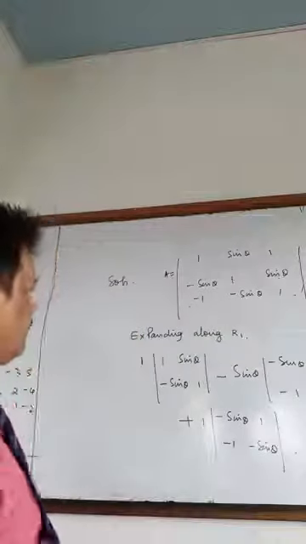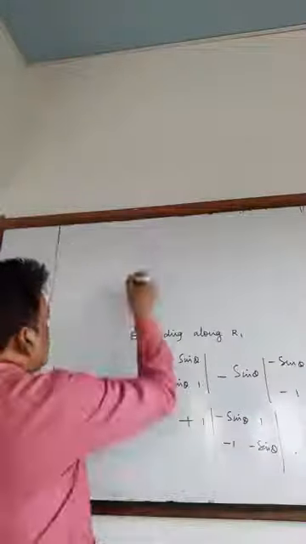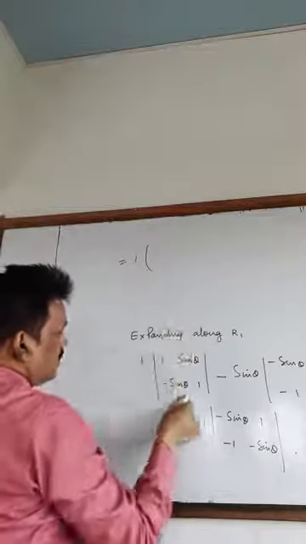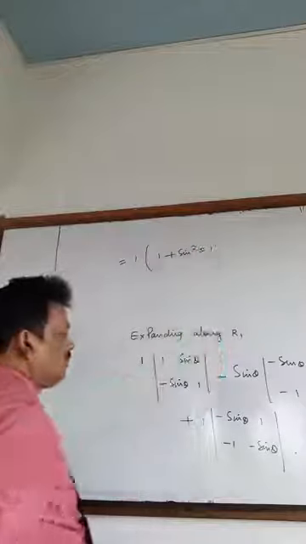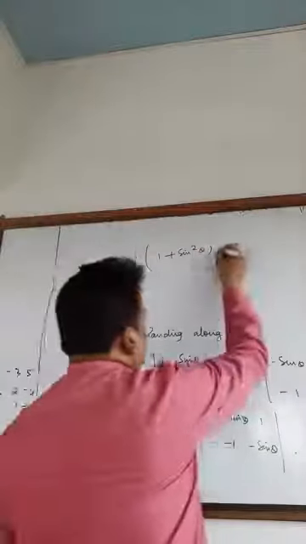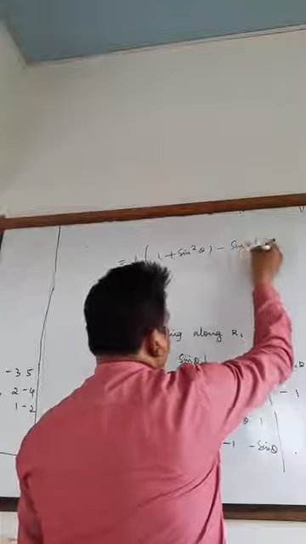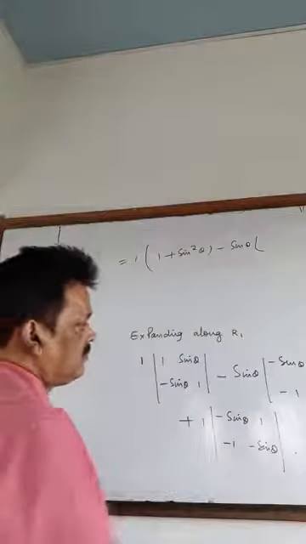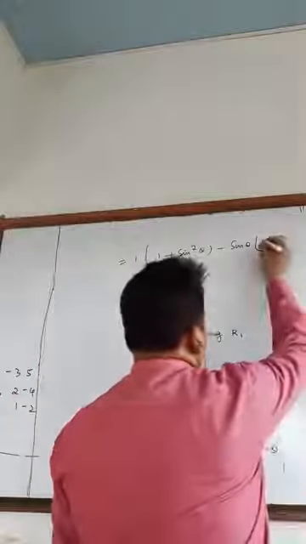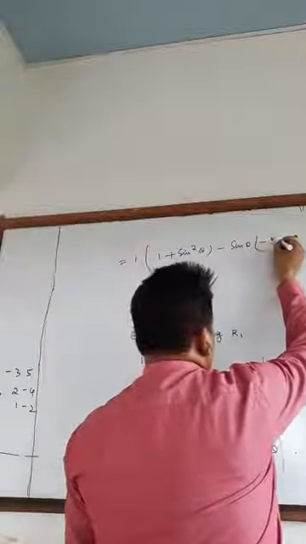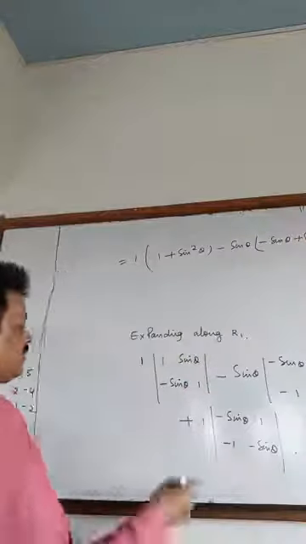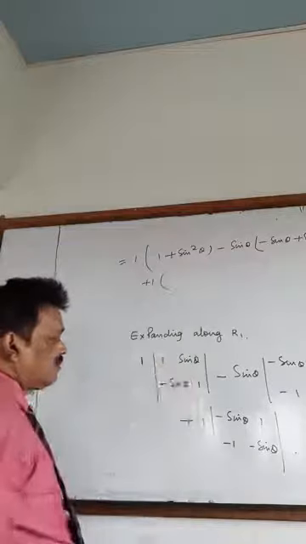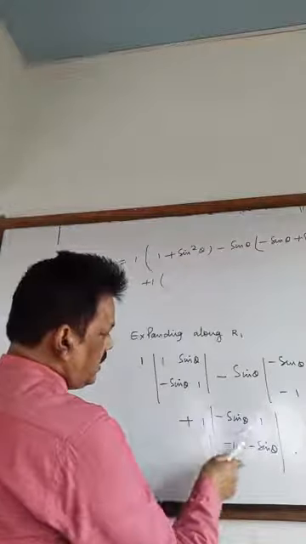What did you get? You are going to get 1 into 1 plus sin square theta, then minus sin theta into minus sin theta plus sin theta, plus 1 into sin square theta plus 1.